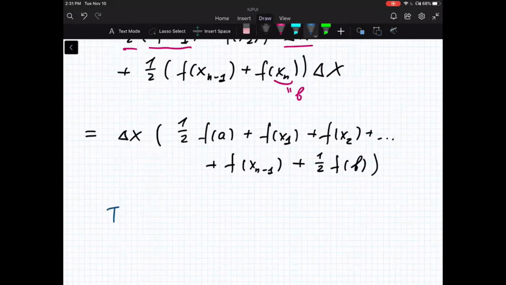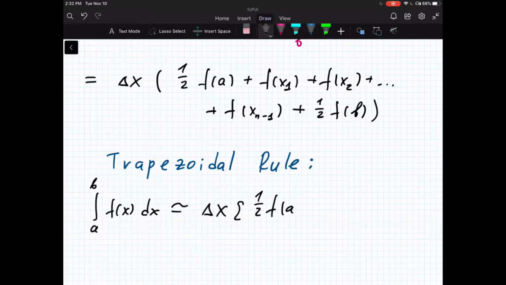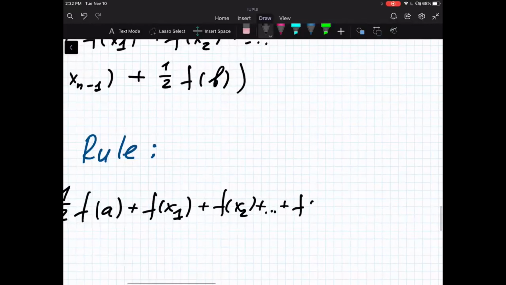And that's what is called the trapezoidal rule. So we can approximate our integral from a to b, f of x dx, not by the Riemann sum, but by this sum: 1/2 f of a plus f of x1 plus f of x2 plus so on, plus f of xn minus 1 plus 1/2 f of b.